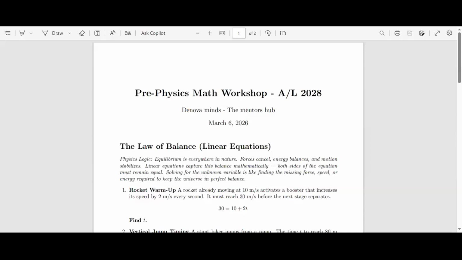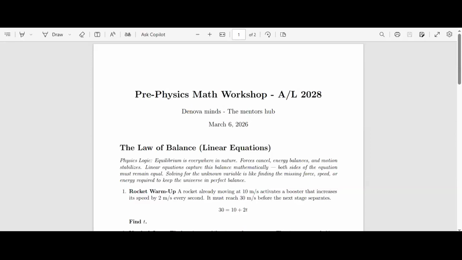So in physics, you would have to solve equations a lot. Literally, you would be doing that so much, right? So it's something very important. If you struggle in this, then your entire 2 years journey would be a struggle.